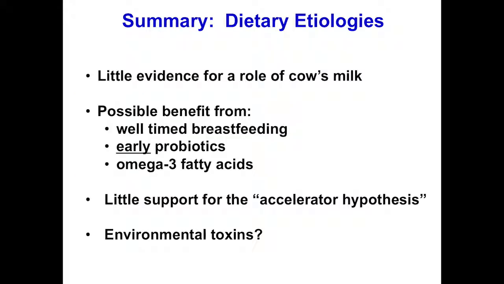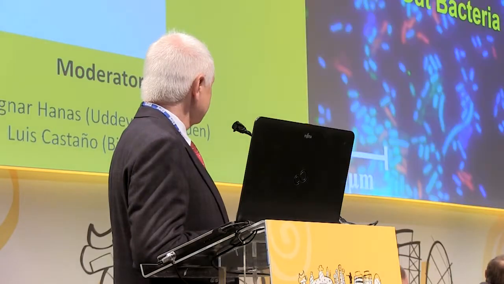So, little evidence for cow's milk, possible benefit from well-timed breastfeeding, early probiotics, and potentially omega-3 fatty acids. Very little support for accelerator hypotheses, and perhaps we need to focus now on environmental toxins.